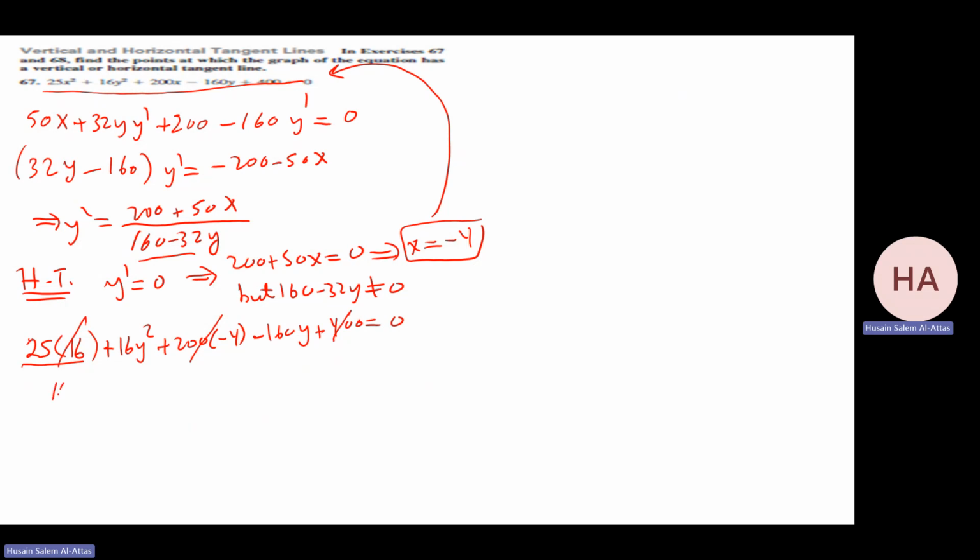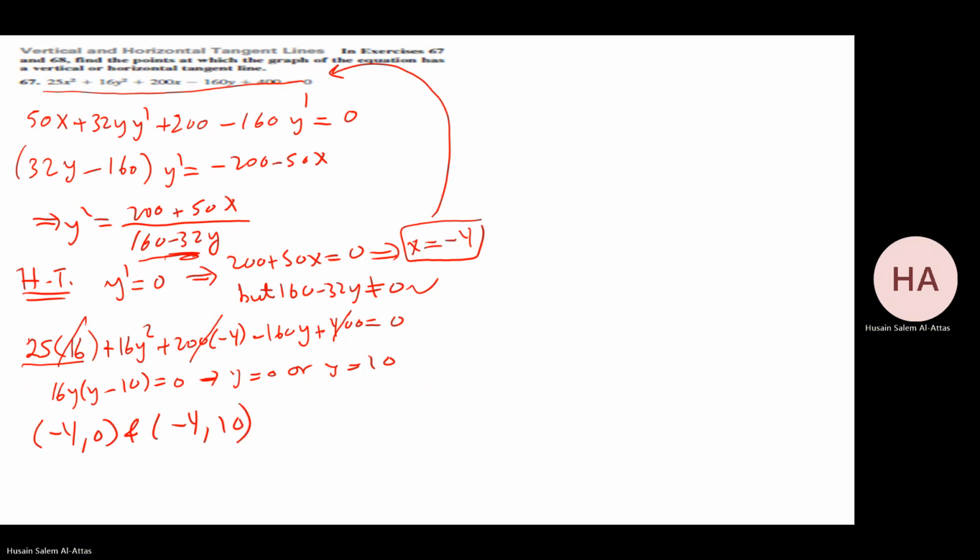So I have 16y and y minus 10 equals 0. So y equals 0 or y equals 10. In both cases, 160 minus 32y cannot be 0, so this is okay. So I have the points (minus 4, 0) and (minus 4, 10). This is for the horizontal tangent.